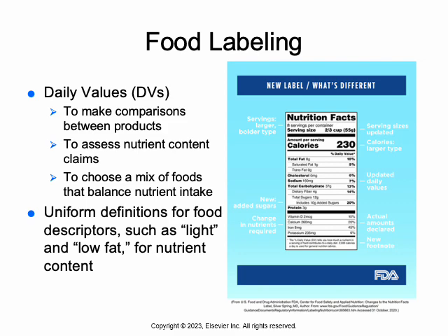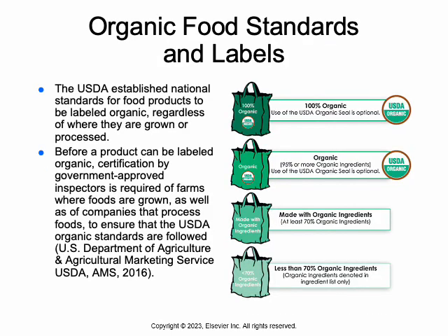We also will see that there are different packaging techniques and words that are being used, and we'll look in the next slide to see what some of these things that we might see on the food labels are. There are standards for labeling foods organic. Fresh produce and a variety of foods can be labeled organic if it meets standards of the USDA.